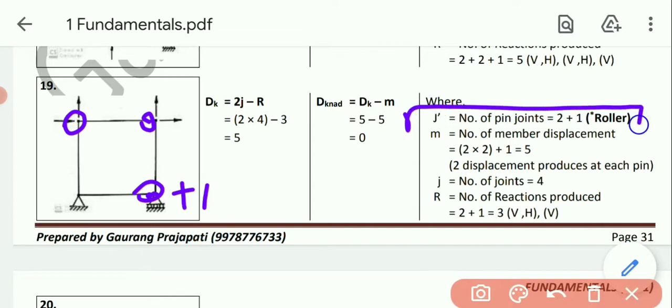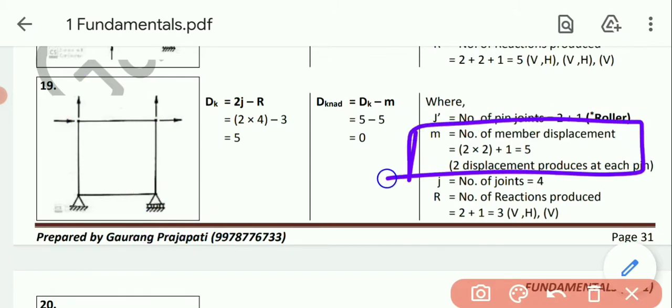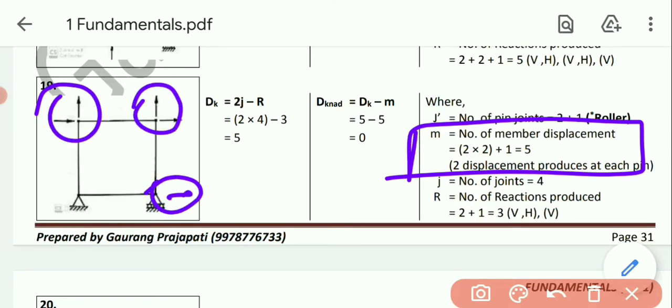So J dash, the number of pin joints, is 2 plus 1. These two will produce vertical as well as horizontal, while this one will produce only horizontal because it is a roller support. So M is 2 times 2, that is this one, and over here 1 time 1 will be there. So ultimately the answer will be 5.